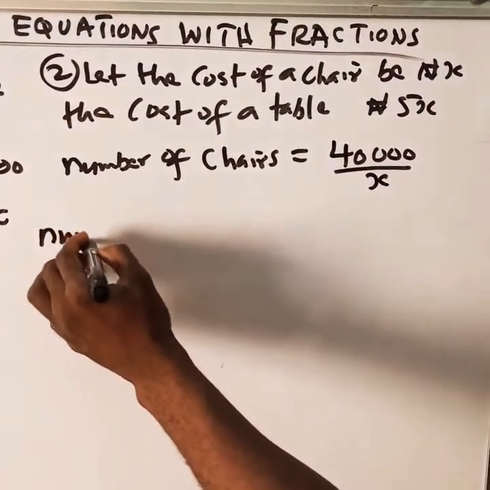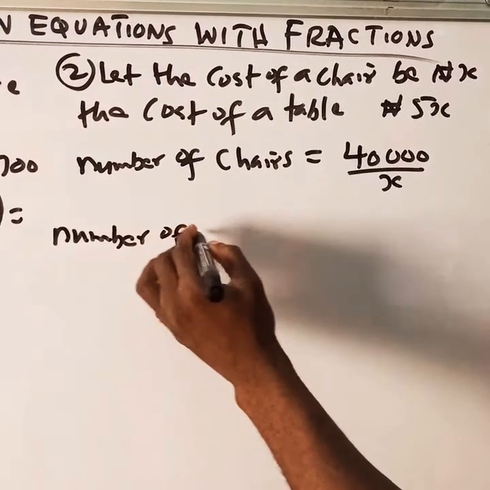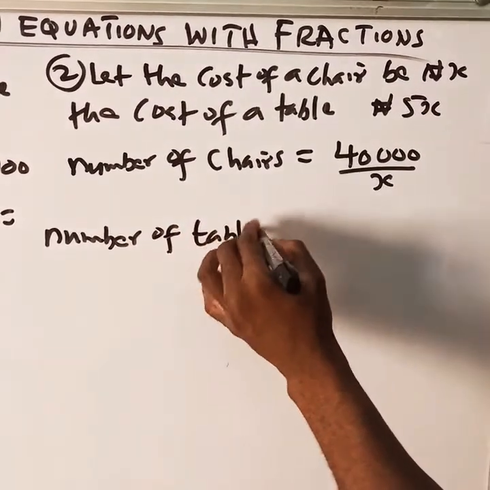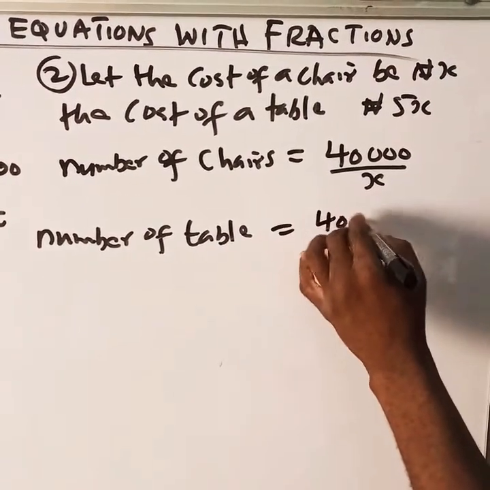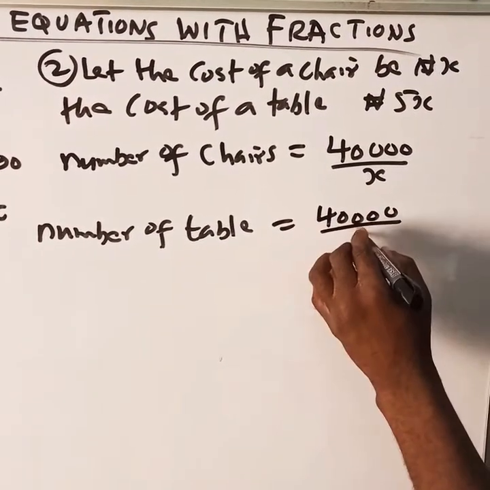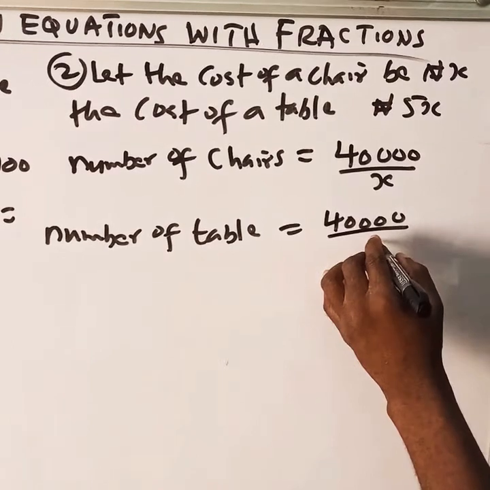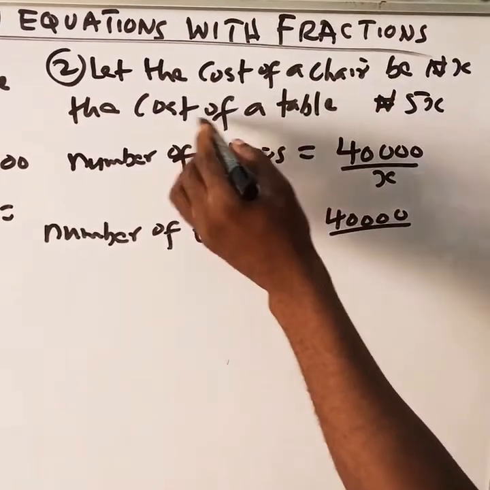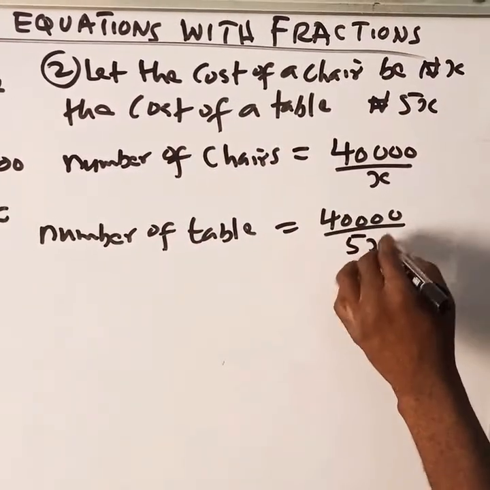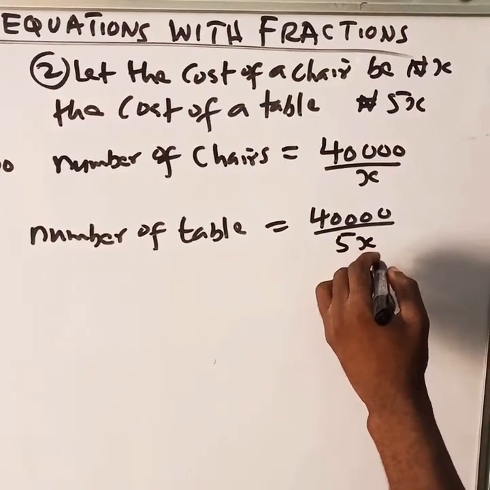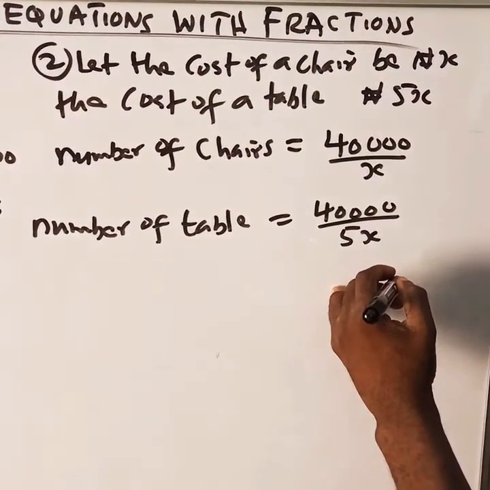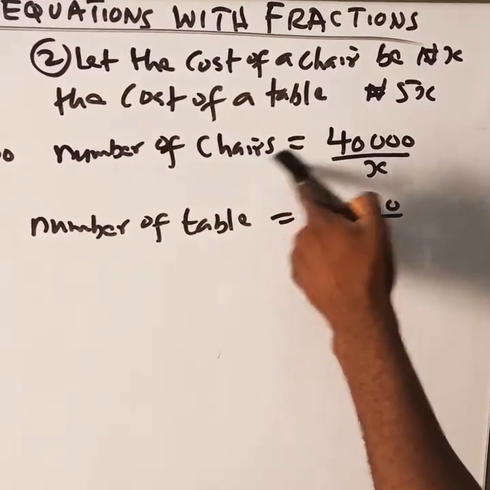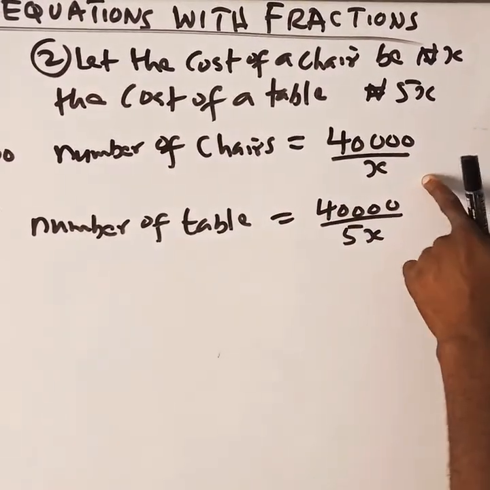Then the number of tables will be the amount of money, 40,000, divided by 5x naira for one table.